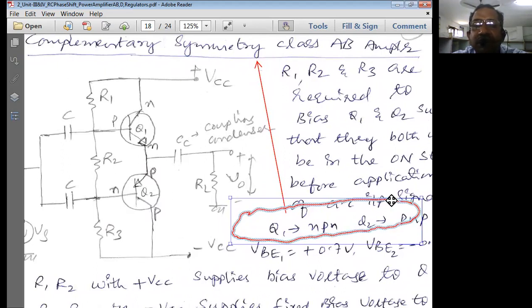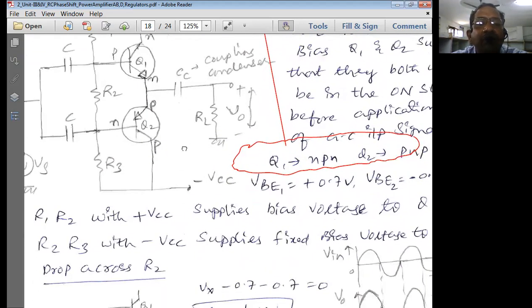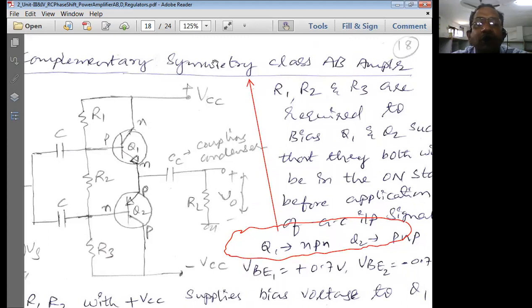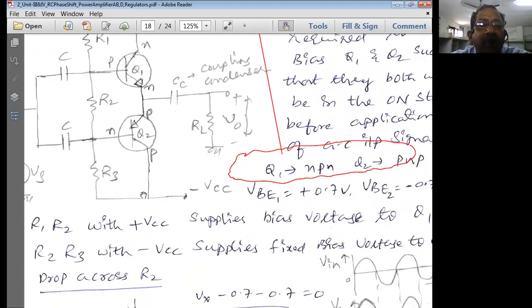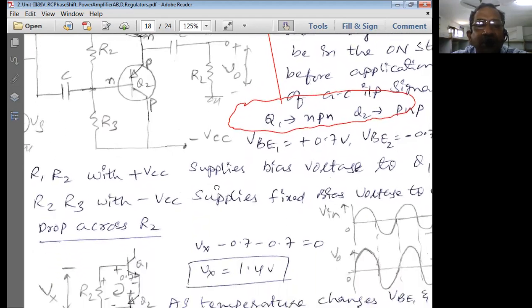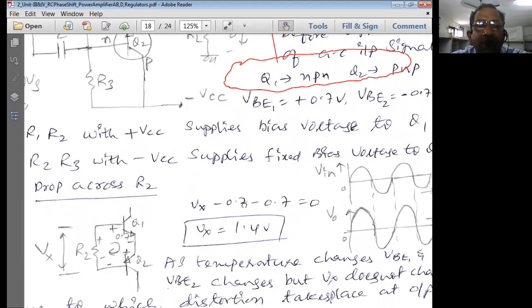Because of this reason, we simply call it a complementary symmetry type of power amplifier circuit. So minus 0.7 is applied to the base of Q2, plus 0.7 is applied to the base of Q1. Because of that, both the transistors will be in the on condition.